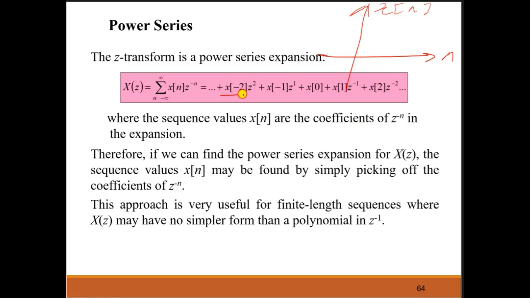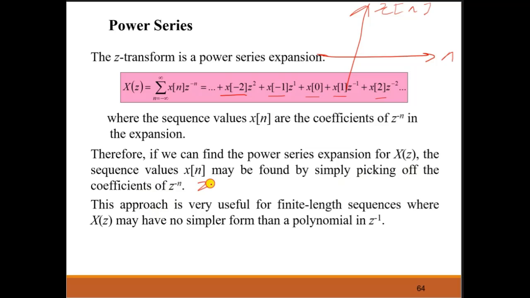So this is the coefficient, the value at n equals negative 2. This is the value at n equals negative 1. This is the value at n equals 0. This is at n equals 1, n equals 2. Right, so therefore we can find the series expression for X(z) by simply picking off its coefficients.